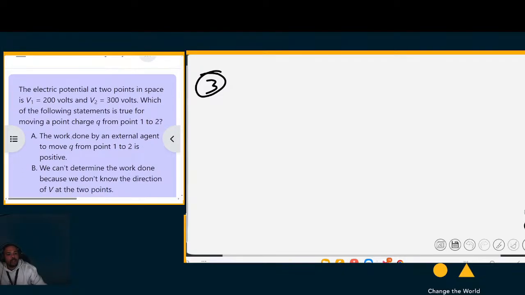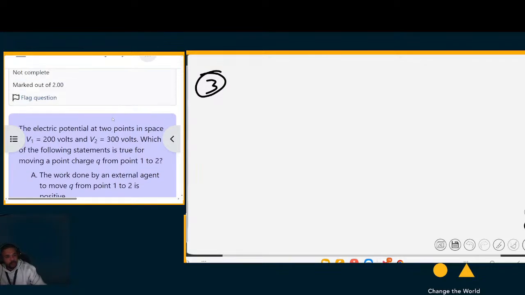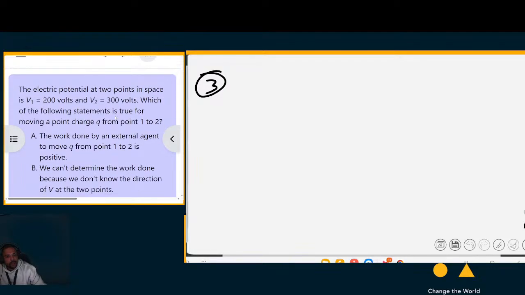This has to do with the electric potential at 2 points in space. And just some advice, you need to know how to differentiate between electric potential and electric field, because it only gets more integrated from this point on. Okay?